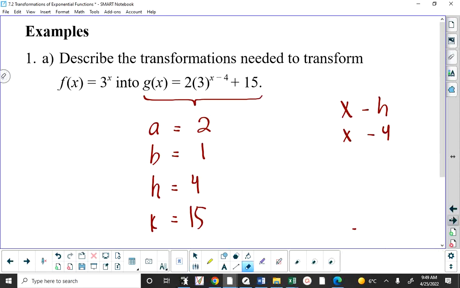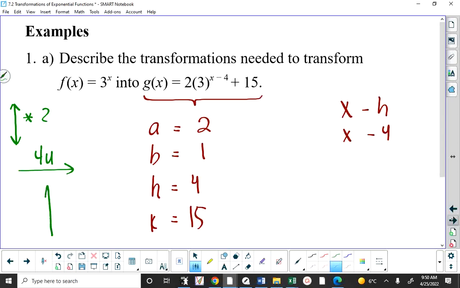We have a vertical stretch by a factor of 2. And again, this is not a written response. I'm in teaching mode. You're in learning mode. You don't have to write it out. You can abbreviate it. There's a vertical stretch by a factor of 2, a horizontal shift of 4 units to the right, and a vertical shift of 15 units up. And are we okay with that?